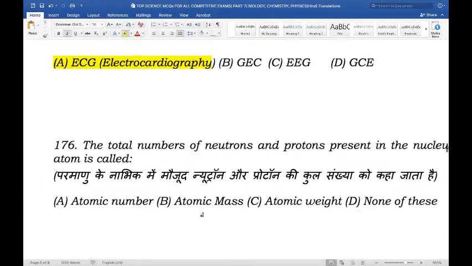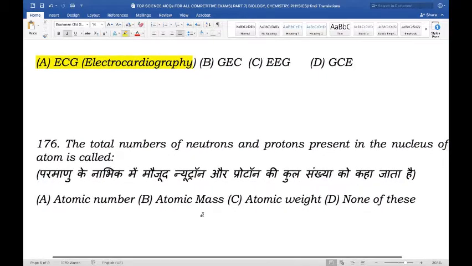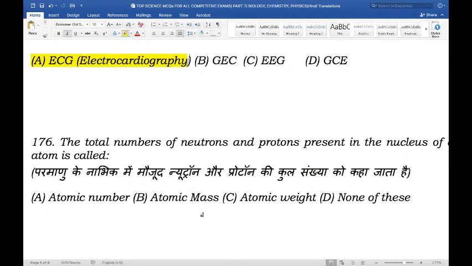Moving on to the next question. The total number of neutrons and protons present in the nucleus of an atom is called, is it A, atomic number, B, atomic mass, C, atomic weight, or D, none of these?